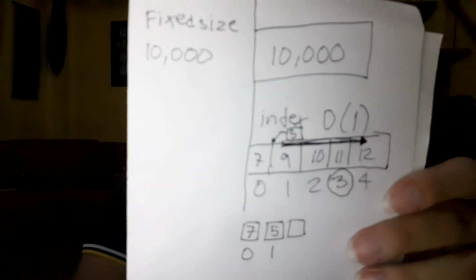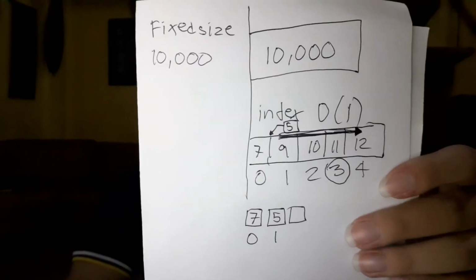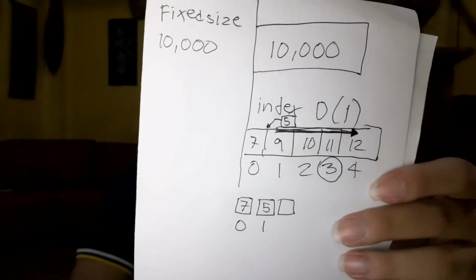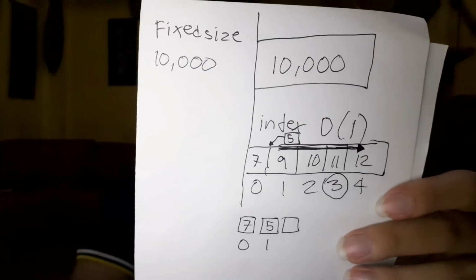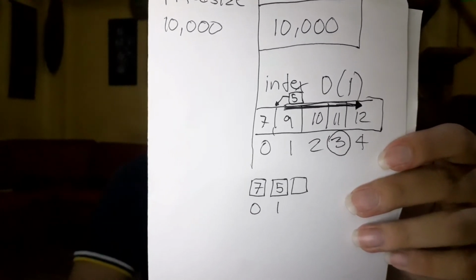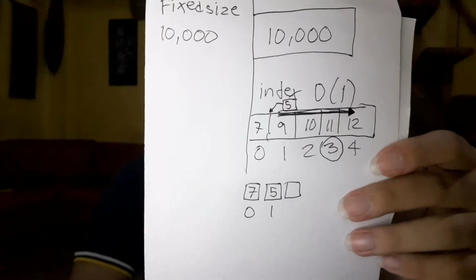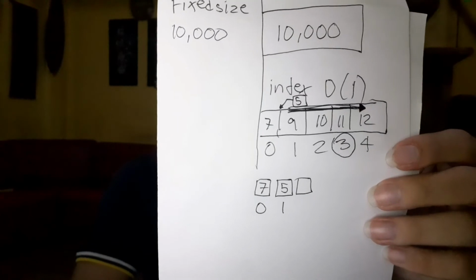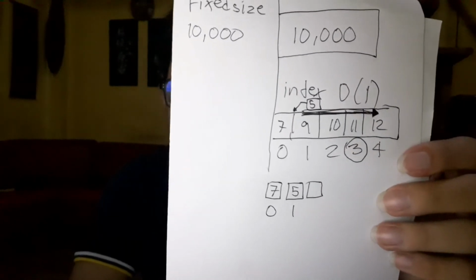So when we do that, it looks something like this. We have the box 7, which is index 0. We now squish in our new item 5 at index 1. And now all of these items need to be shifted over by 1 index. So 9 needs to go where 10 is, 10 needs to go where 11 is, and 11 needs to go where 12 is, and 12 is lost in emptiness. It's gone forever. That's what happens when we insert an item into a full array.